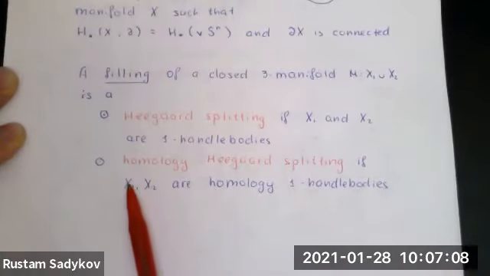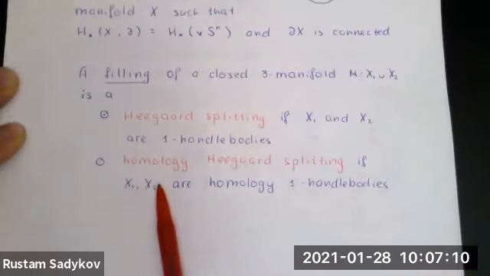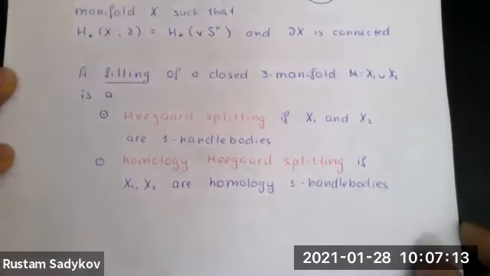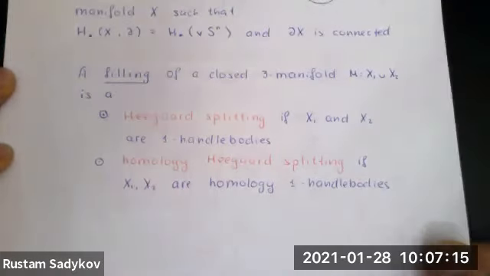So basically, we just require that the homology of X1 and X2 is the same as the homology of one-handlebodies, but these could be more complicated manifolds.